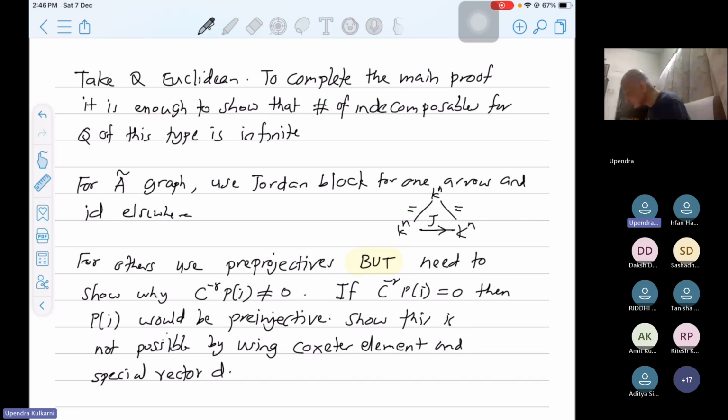Okay, and the reason why I get infinitely many is because I can just vary this n. Even if my field is finite, I can just take this n to be infinitely many values. So this is one thing. All right, so I am done for the cycle case.